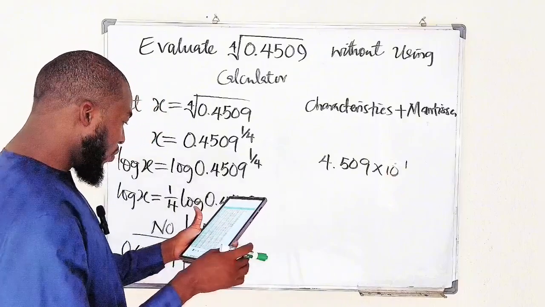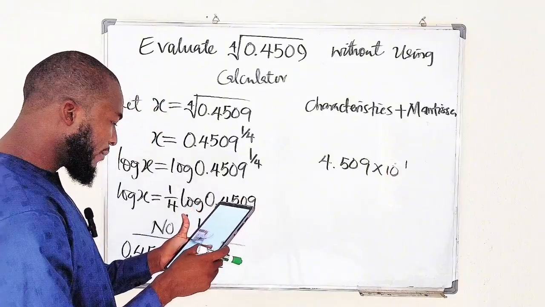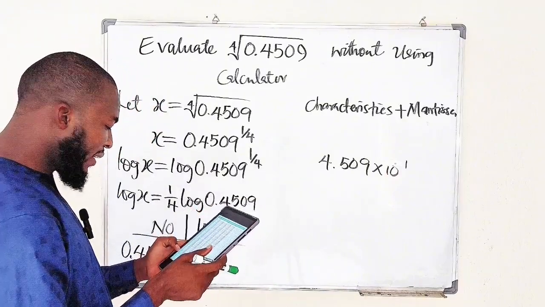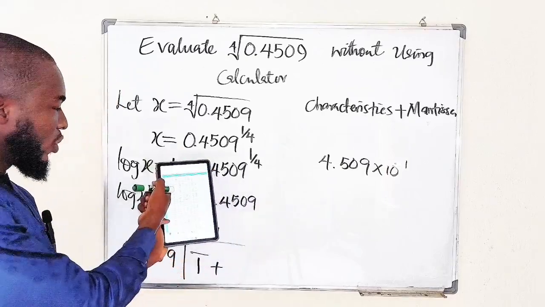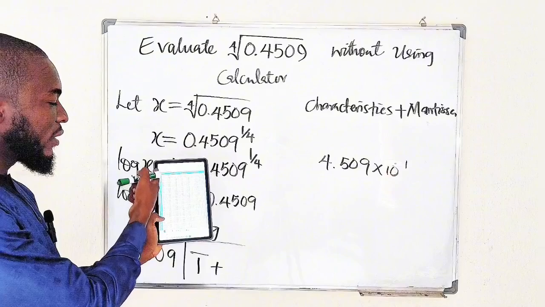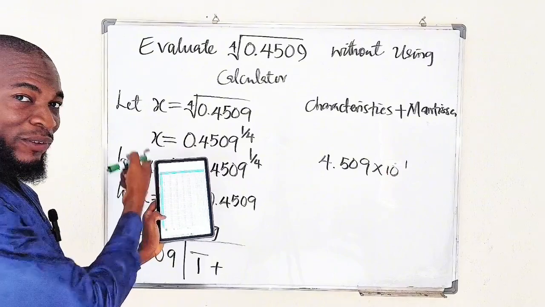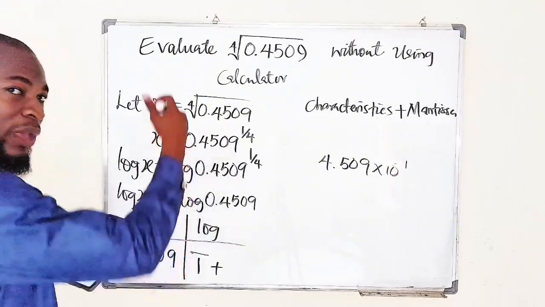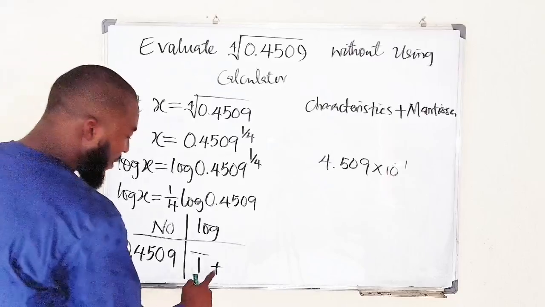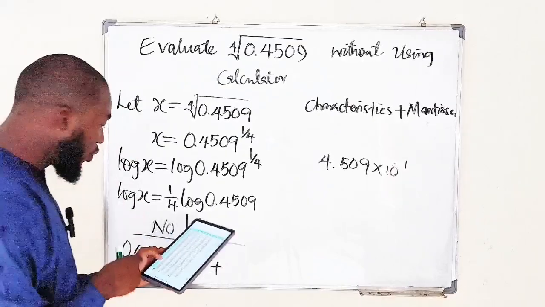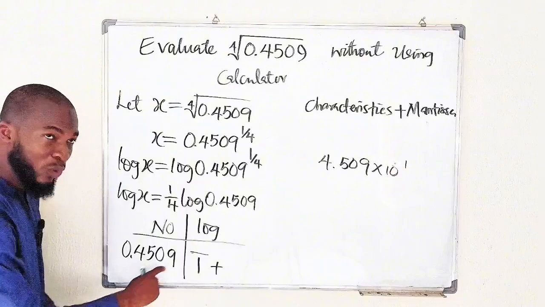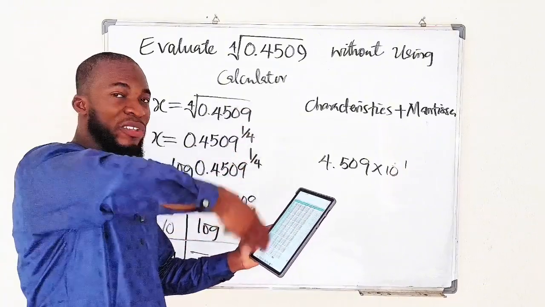So I'm going to look for 45. So I have 45 here. Under the first column, you see it begins with 10, 11, 12, 13, and so on, because we are in base 10. Then, after looking for 45 under the first column, you look for 0, because the table has 3 segments.